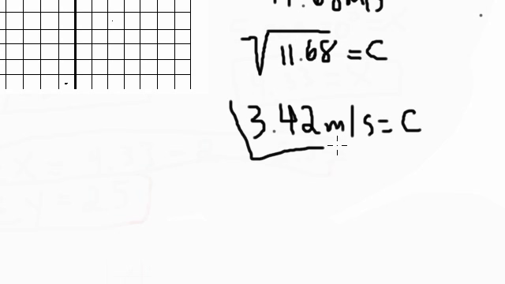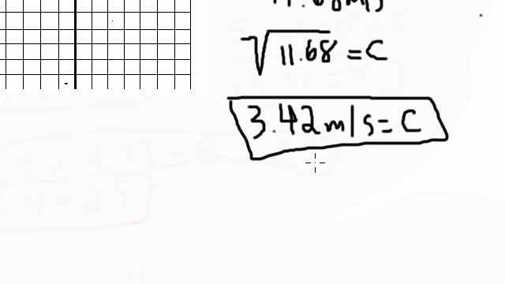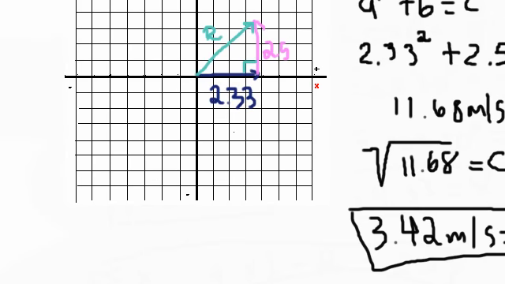This is telling you how fast the sailboat is traveling with the wind. Remember that originally the sailboat was traveling at 5 meters per second, but the wind is slowing it down. So in reality, although the boat wants to travel at 5 meters per second, the wind slows it down to 3.42 meters per second.